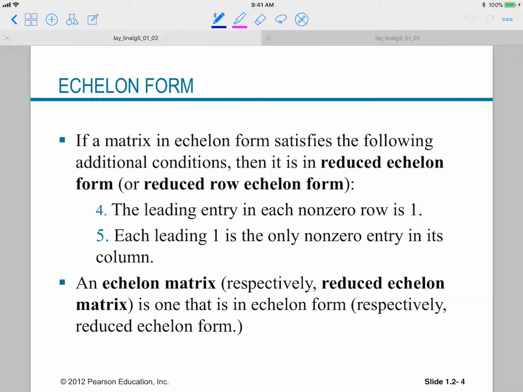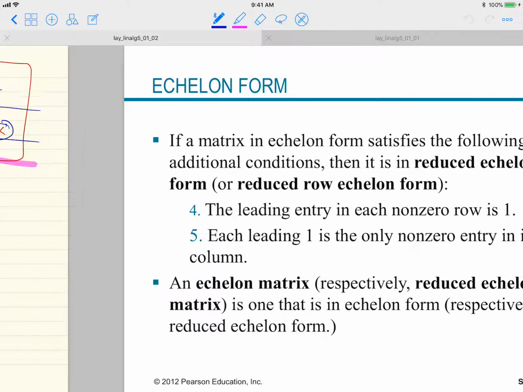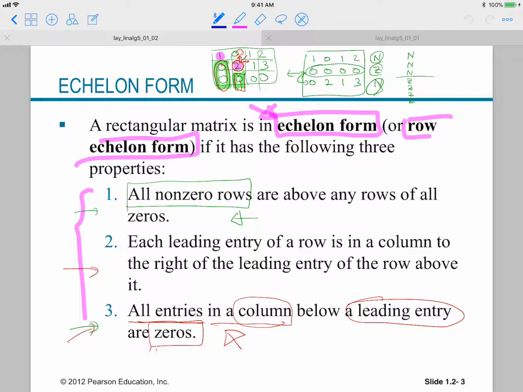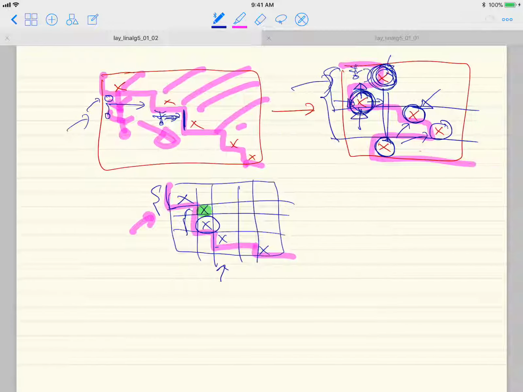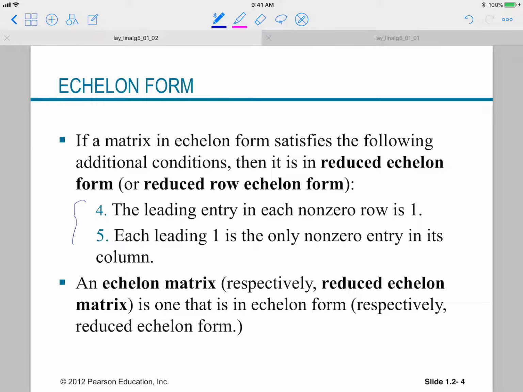It is automatically an echelon form that already satisfies all these 3 conditions, and then it has 2 additional requirements. The first additional constraint is a really easy one. We still focus on the leading entries, and these leading entries should all be 1. So for all these leading entries, their value should be 1, okay?